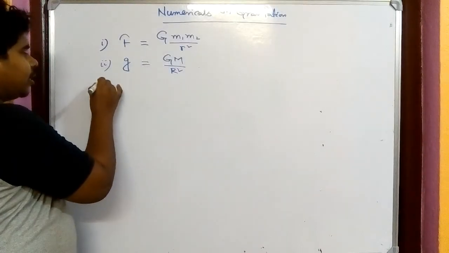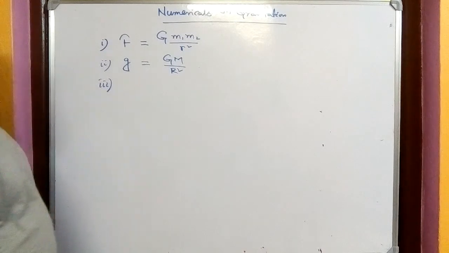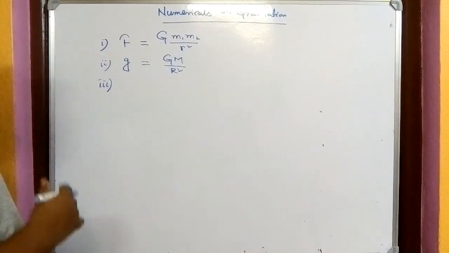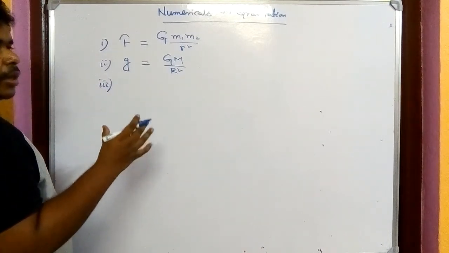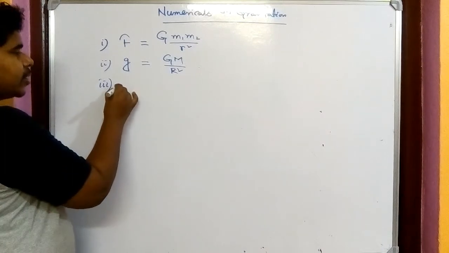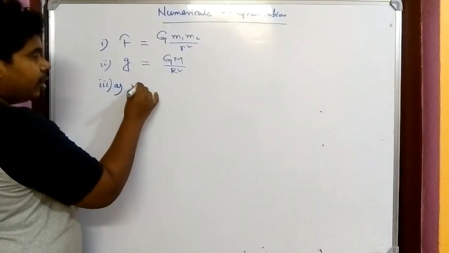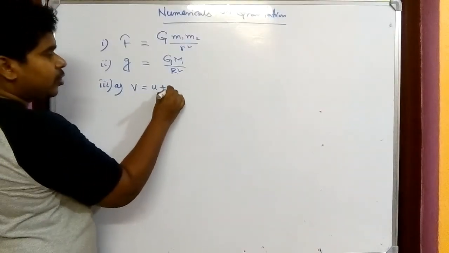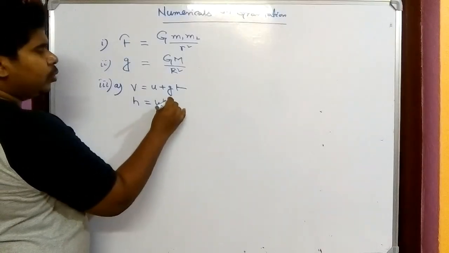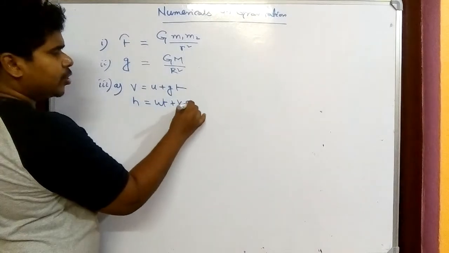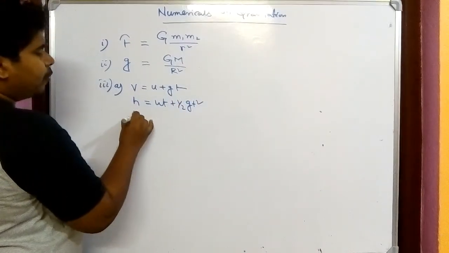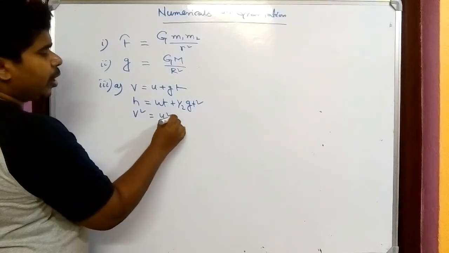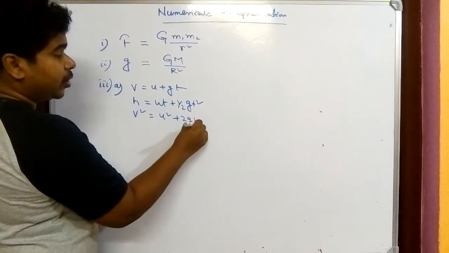Number three is the equations of a falling body, and there are three equations: v equals u plus gt, h equals ut plus half gt square, and v square equals u square plus 2gh.